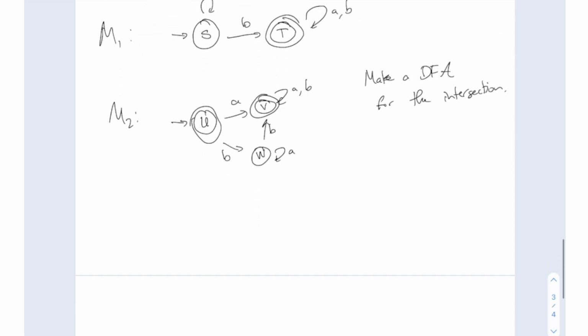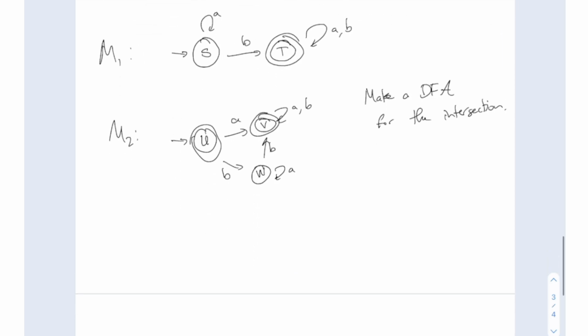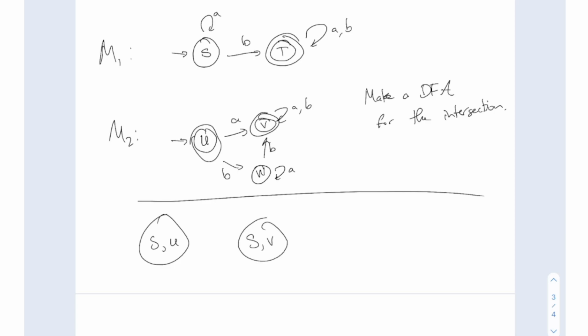And my product machine is going to have pairs where the first thing is either S or T, and the second thing is a U, a V, or a W. So maybe I'll put the S's across the top. It's going to say SU, that's one pair, SV, SW, and then I got TU, TV, and TW.